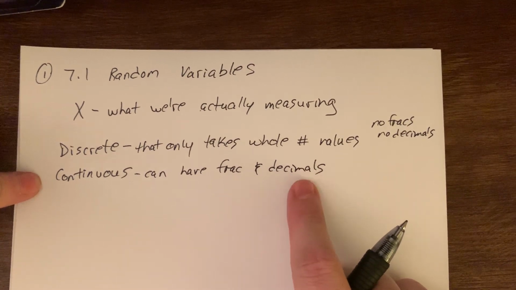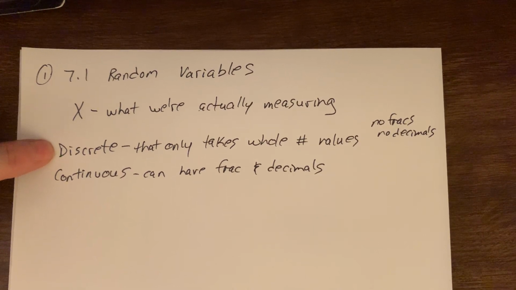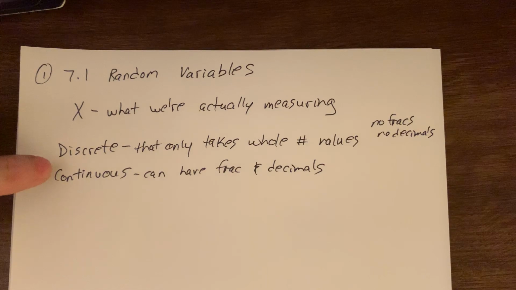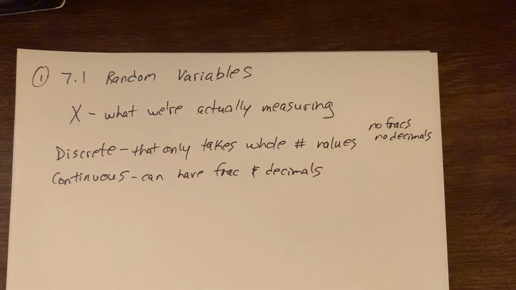It's easy to automatically think things are only whole numbers because that's commonly what we receive, but we have to establish the possibility of fractions and decimals. So that's really it. That's section 7.1, being able to establish a random variable and then being able to classify them as either discrete or continuous.